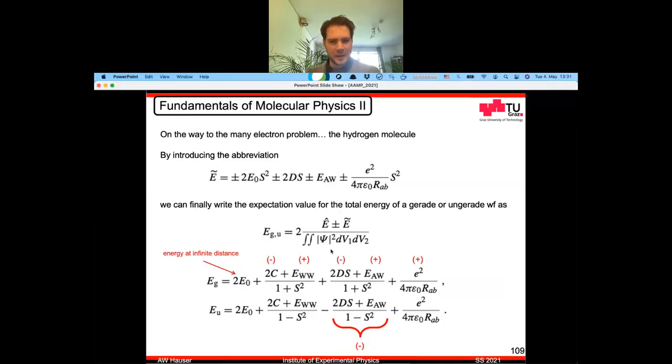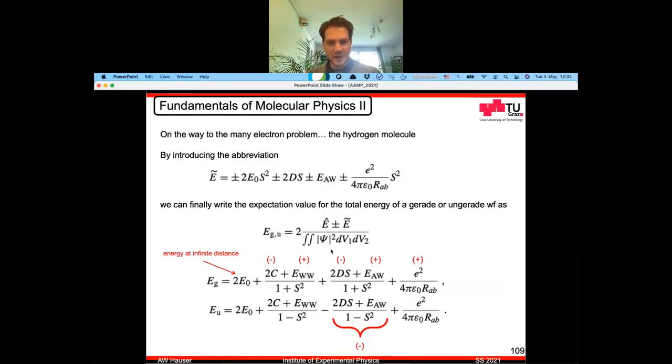And you can see the contributions. We have 2 times E naught, which is the atomic energy contribution. Then we have terms, one stemming from the meeting of the electrons in the same orbitals, and then a third term, which stems from the meeting of 2 electrons in different orbitals, right?